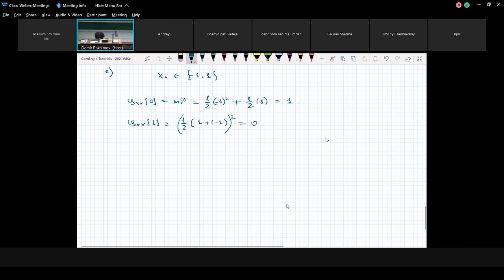And then you can easily plot it. At 0, you have a pulse with amplitude 1.